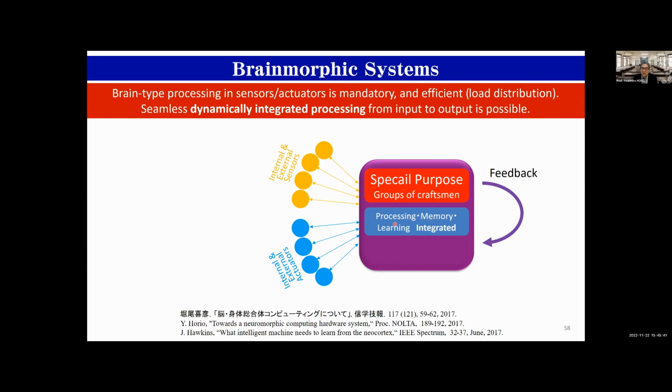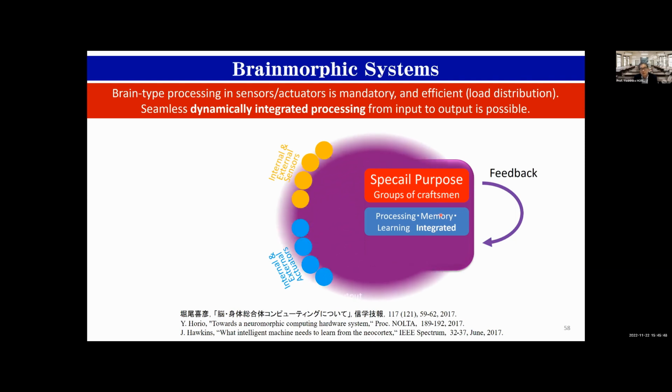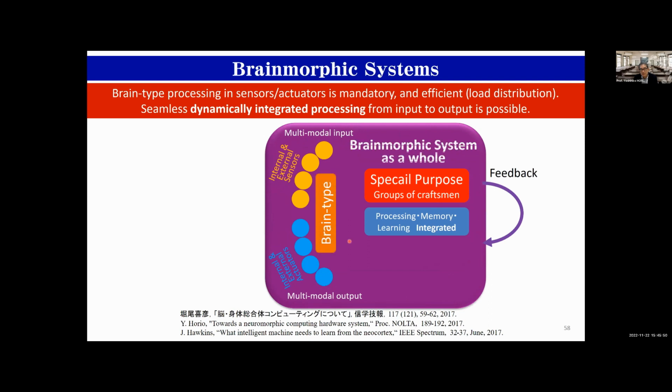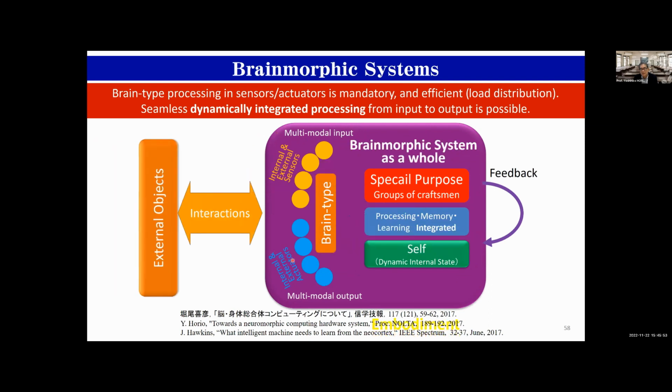Processing, memory, and learning are integrated as one, and those should be included in the system. To do so, we may need a self, and we have to consider the embodiment. So if you look here, there's no boundary or gap between those two in both representation and processing.